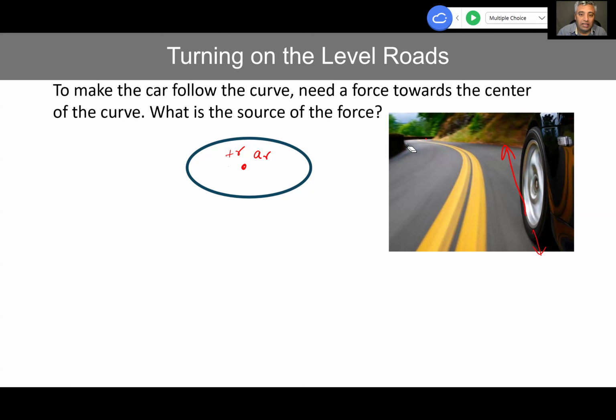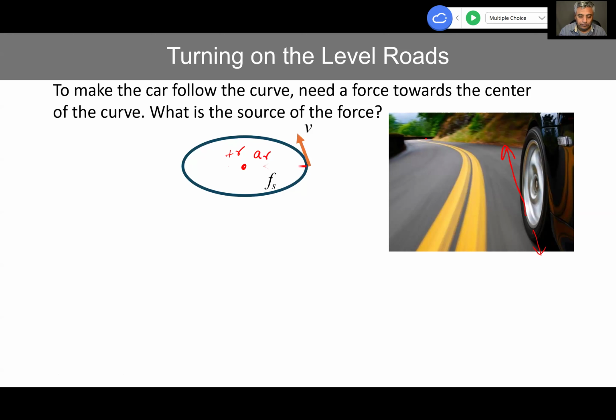Turning becomes impossible on ice because the friction becomes negligible. Okay, so that's that, folks. So that's another way to look at it. This must be a friction force that is making it accelerate towards the center of the circle. So I hope I convinced you.